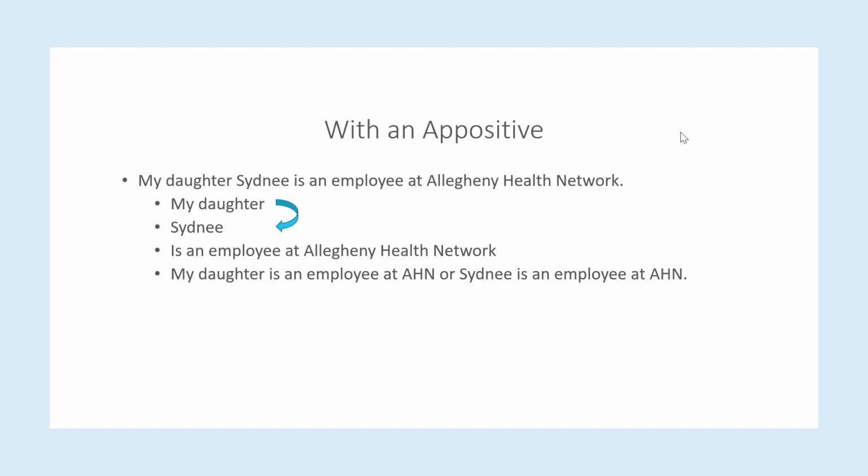However, you as the reader may not know which of my daughters is an employee at Allegheny Health Network, or you as the reader may not know who Sydney is. So when I want to be very clear, I would say my daughter. Inside of commas or parentheses, I would include her name so that you know absolutely which of my daughters is the employee at Allegheny Health Network.